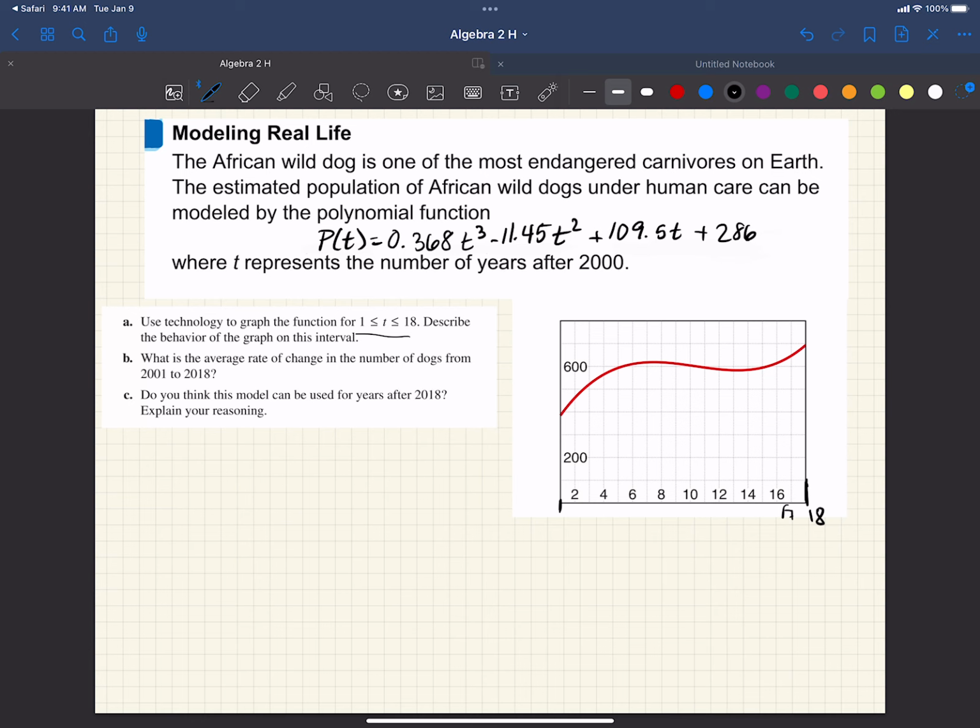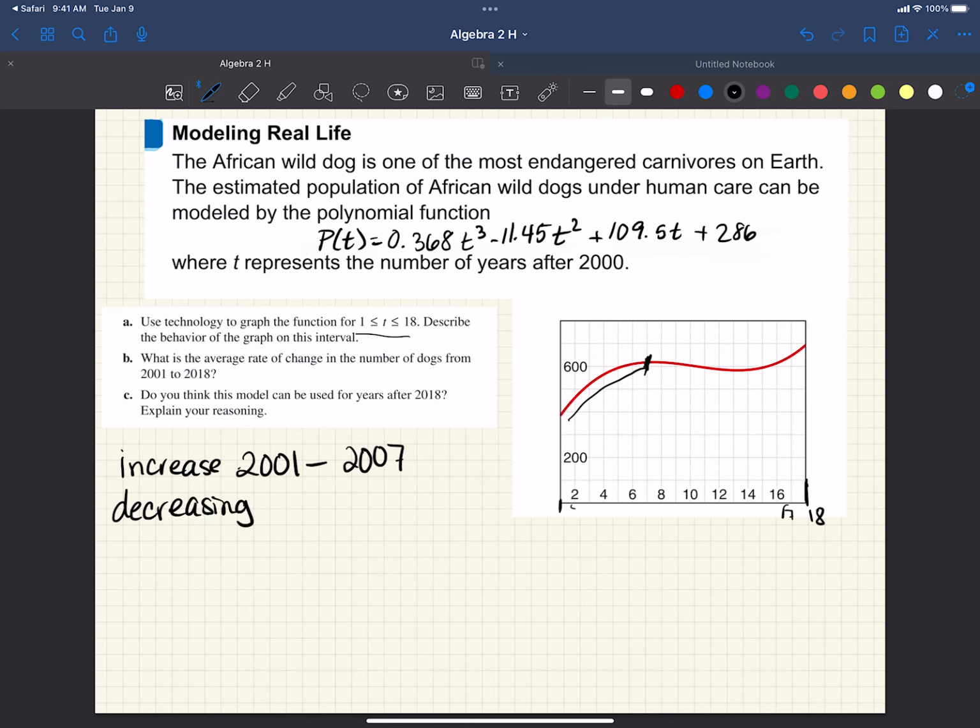Now, I'm going to describe the behavior of the graph on this interval. How I would say that is that there's an increase from 2001 to, and I'm going to keep watching until I see that shift where my function goes to a different behavior. So pretty much somewhere around 2007, my graph changes, and it's now decreasing.